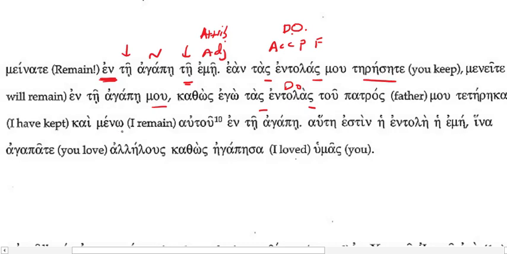kai menō, this is continuing the kathōs, just as I do this and just as I do this. So just as I have kept my father's commands and just as I remain, now I have autou tē agapē. This is a little bit weird, but what case is autou?